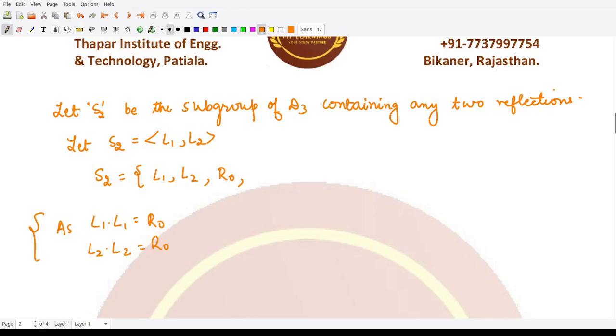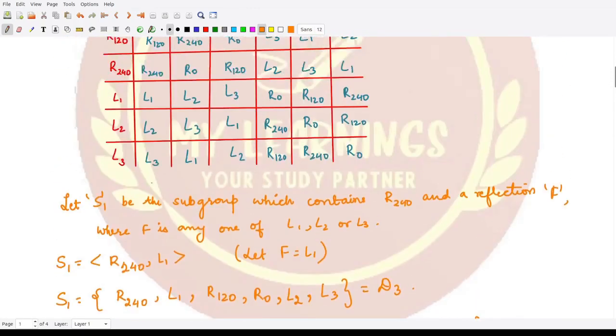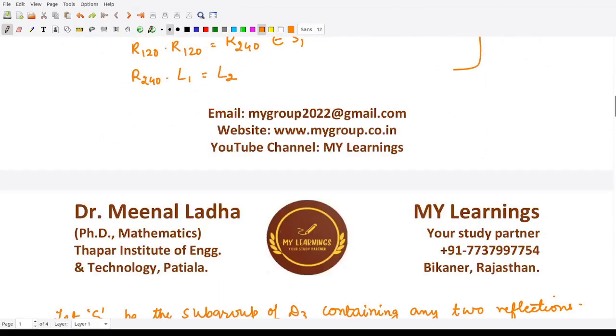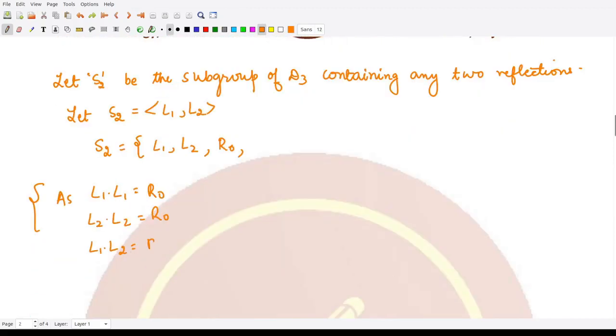What about the other elements? Let's have a look here. What is L1 composed with L2? L1 composed with L2 is R120. So that means R120 is also present within the group. So let's write it down here.